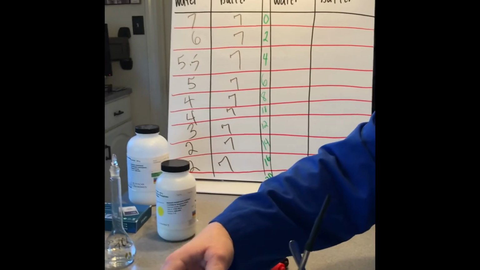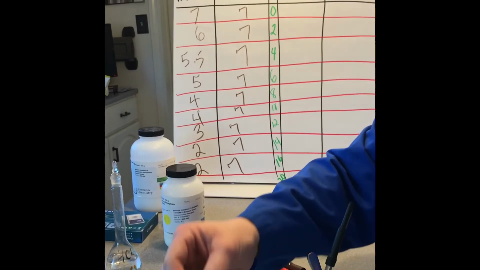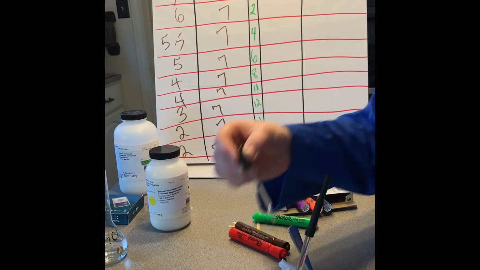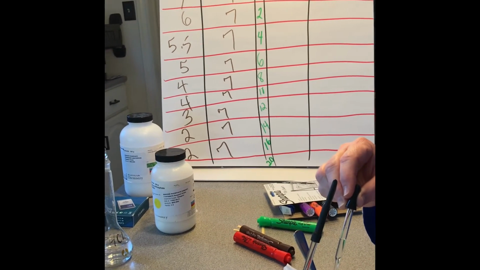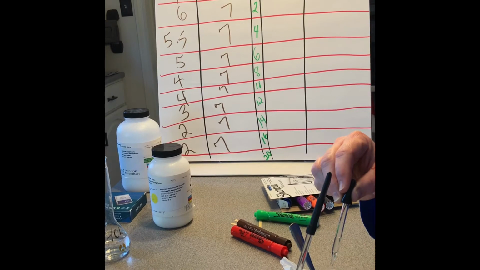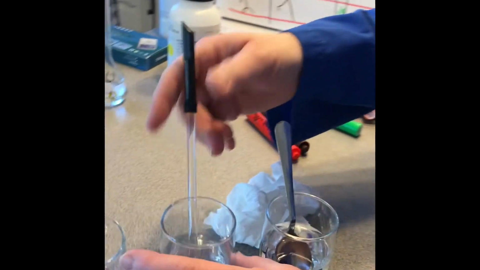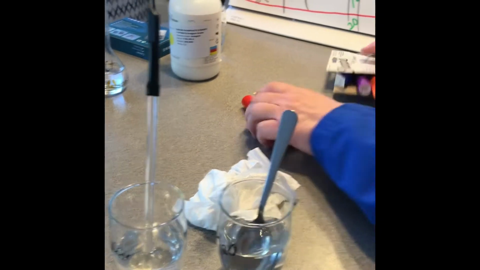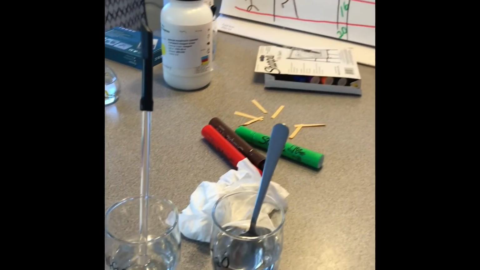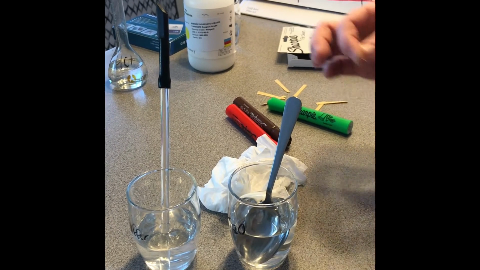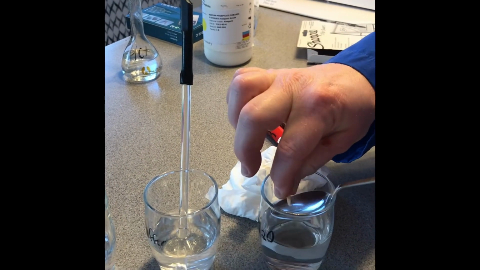All right, so let's add 4 drops this time. 1, 2, 3, 4. Stir. I'm worried about boring you, and I'm worried about running out of pH strips. So let's just see.